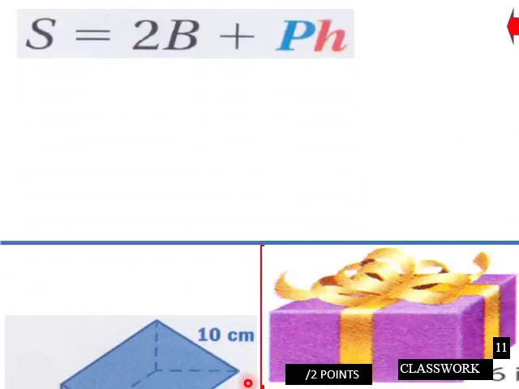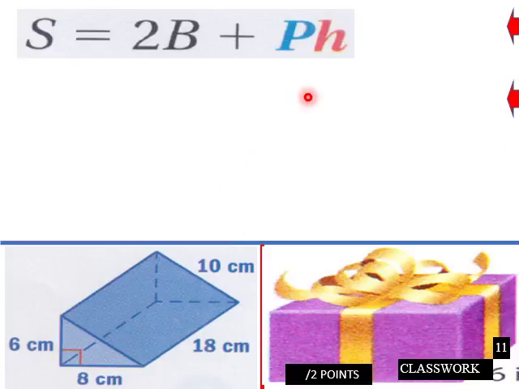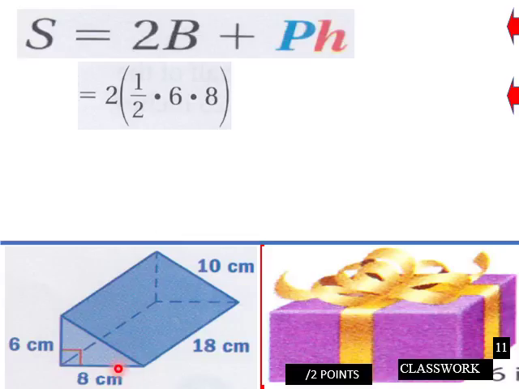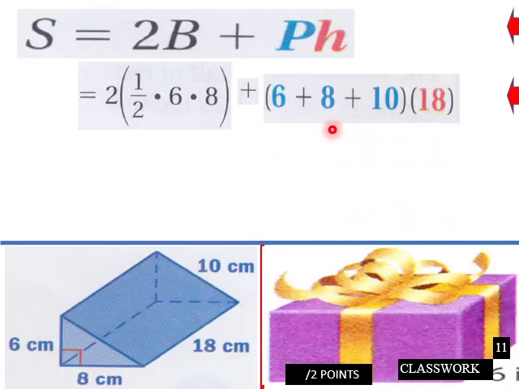So how are we going to do that? 2B plus PH. So 2 times 1/2 base times height. So here is our base times height, 2 times that to be the area of the triangles. And then 6 plus 8 plus 10 times 18.